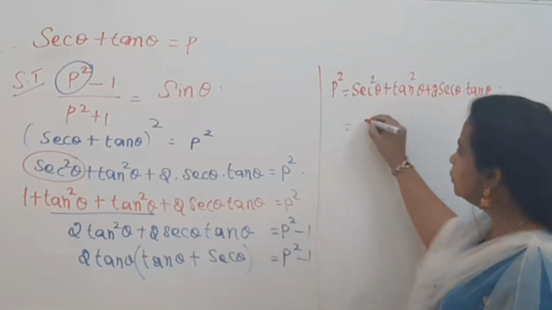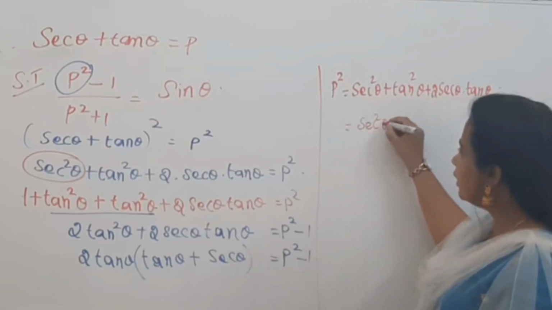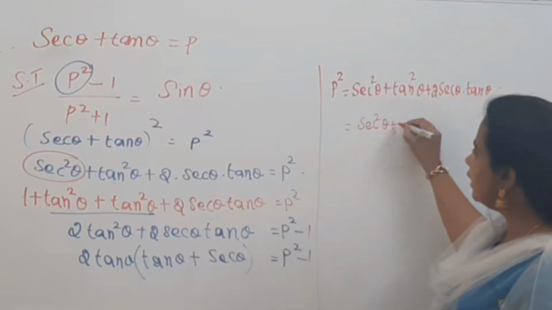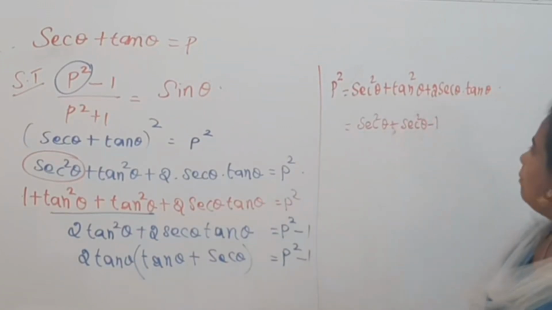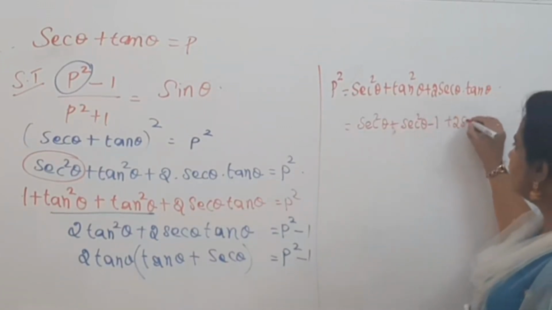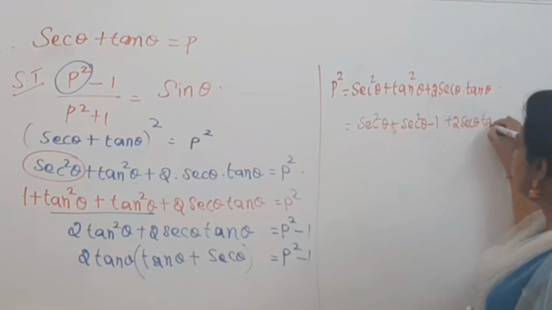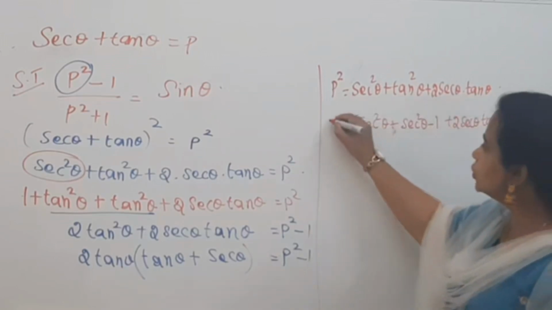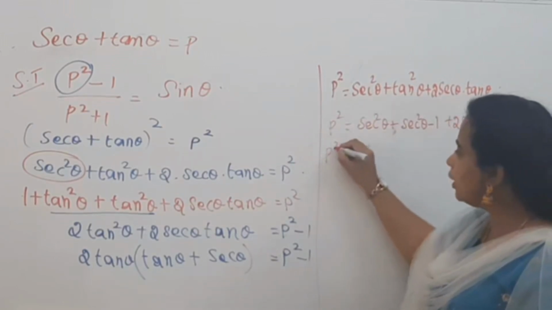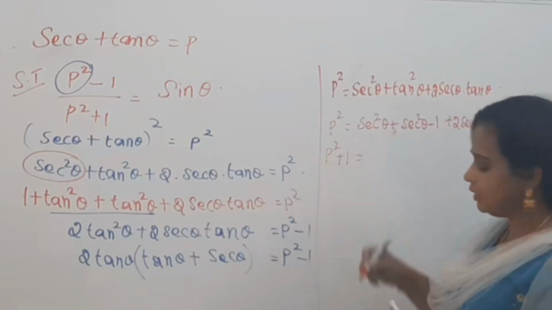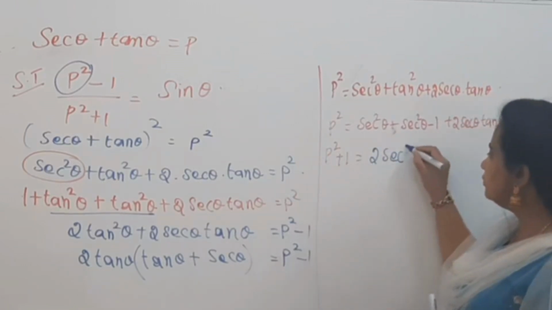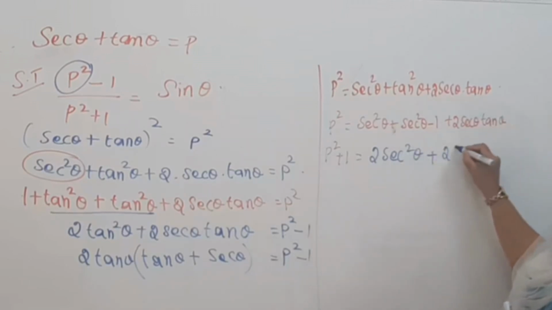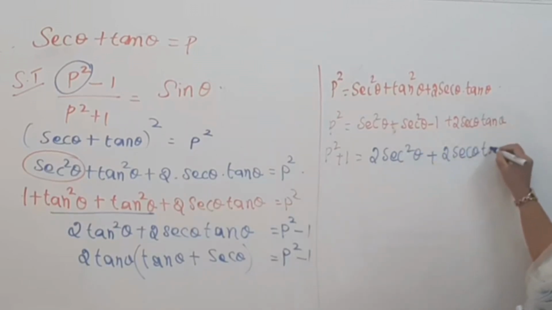So tan square theta can be written as sec square theta minus 1, plus 2 sec theta tan theta. So minus 1 goes to the other side, it becomes plus 1. So p square plus 1 is equal to 2 sec square theta plus 2 sec theta tan theta.